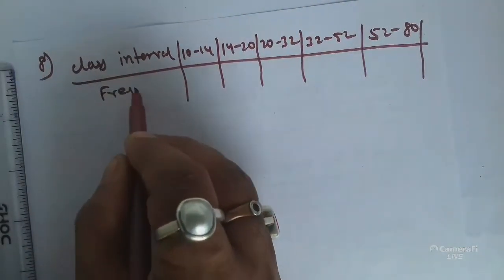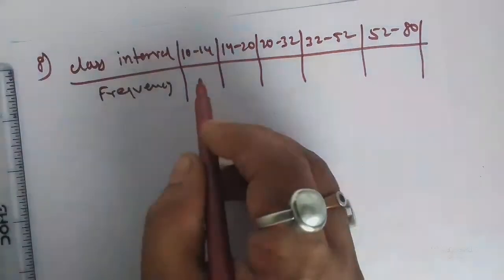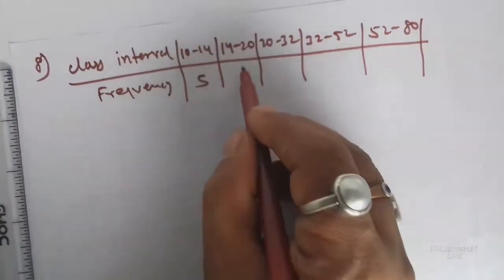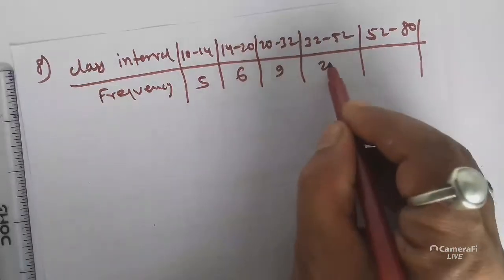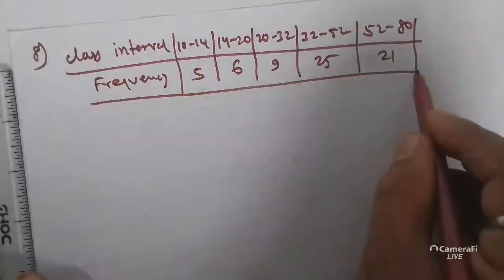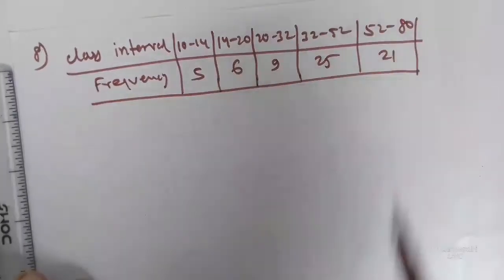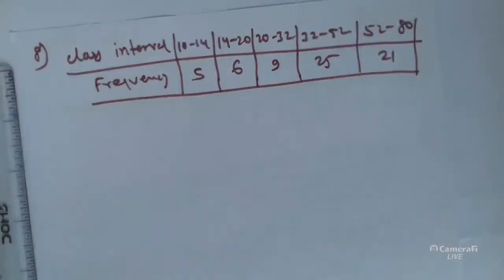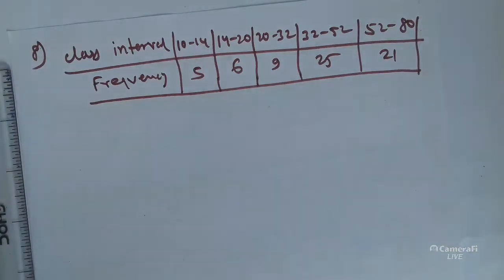So here, frequency. The frequencies are 5, 6, 9, 25 and 21. For this particular problem, students, we have to draw one table where we have to find the adjusted frequency.